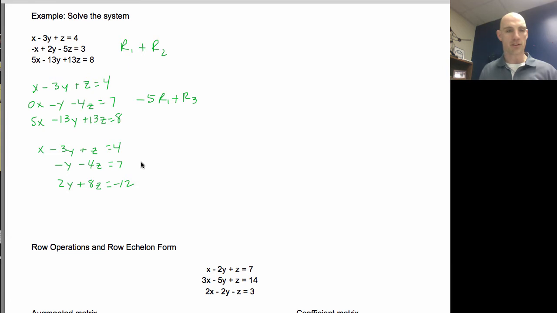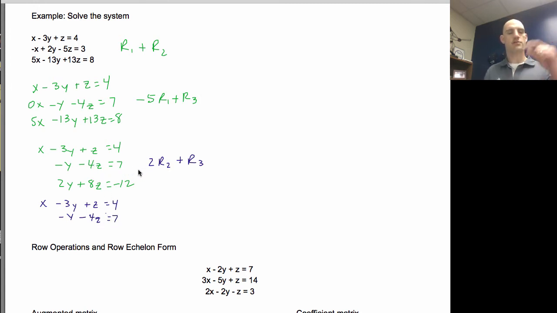So what I'm going to do is 2 times row 2 plus row 3. Okay, and if I do that, I still have my top line, x minus 3y plus z equals 4, and this one stays the same, minus y minus 4z equals 7.